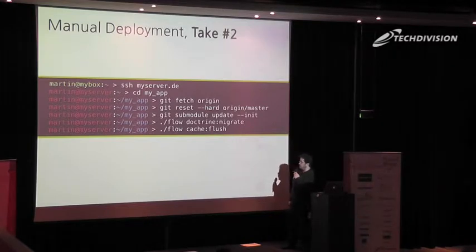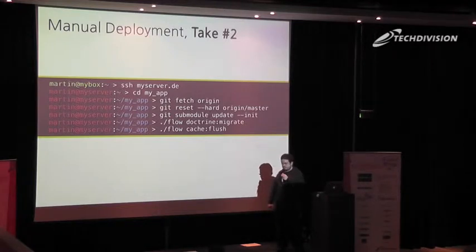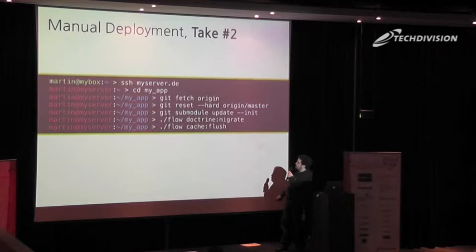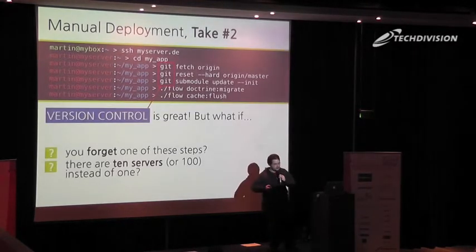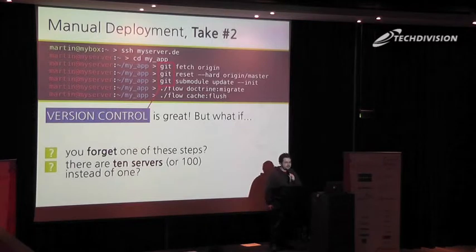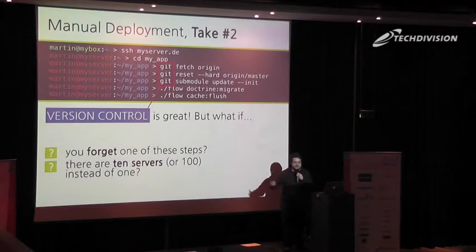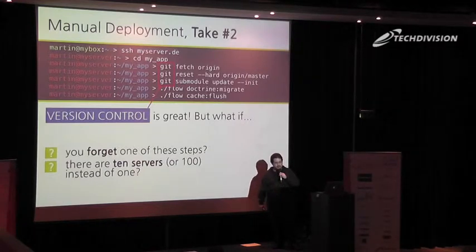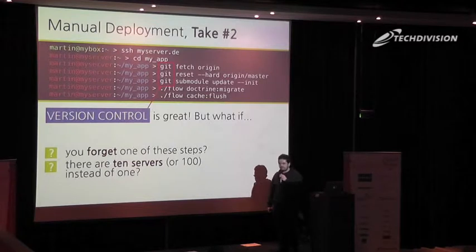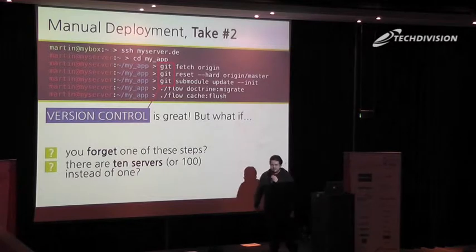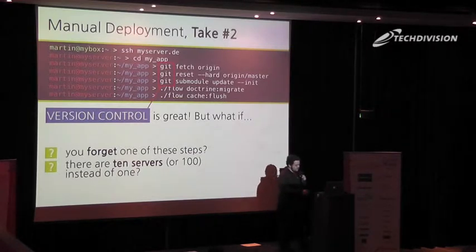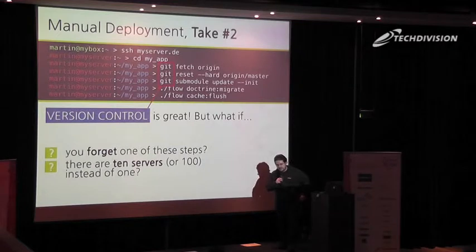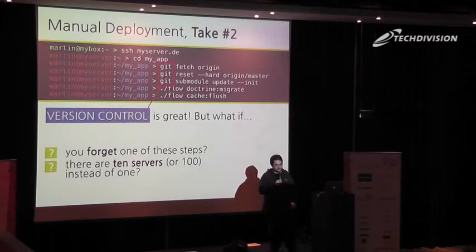I've worked with Subversion for quite some time, but basically it just works the same with Git. Yeah, so I believe using the version control system is basically a very good approach, but of course there are also some things that you have to consider when doing it like this. For example, these git fetch, git reset, git submodule steps, to have to do it manually, it's quite tedious work and it's very error prone.